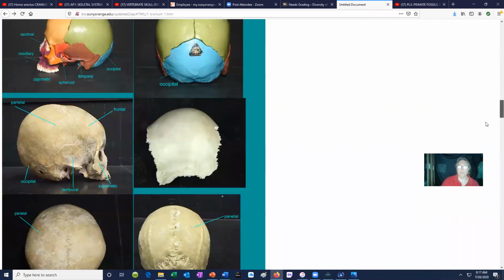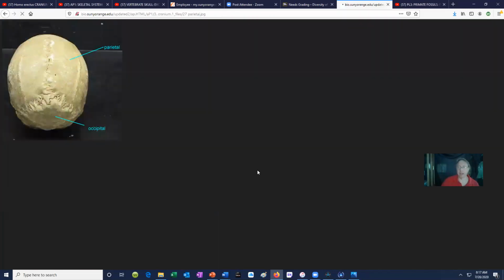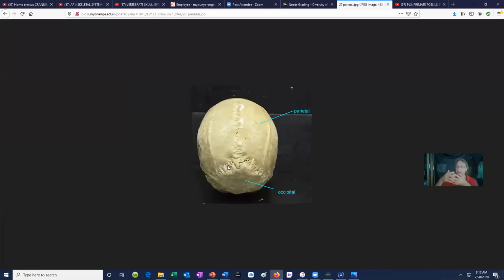Now, when we look at these bones, for strength, these skull bones then interdigitate so that they kind of lock together. This is considered a joint, although it doesn't move. There's a name for that, a synarthrosis. And if you wanted to, you could name these sutures.